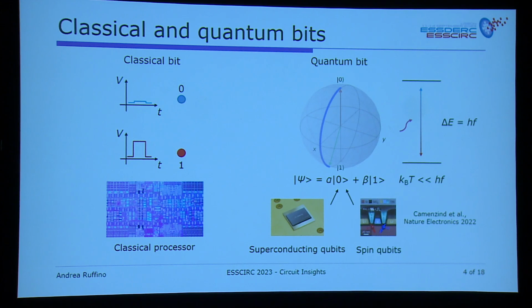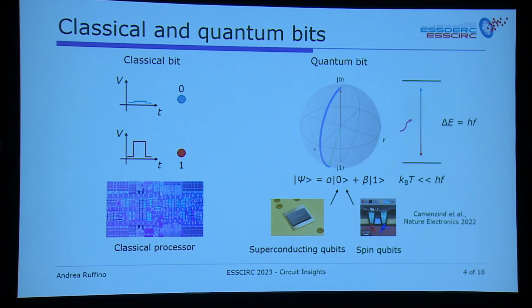And how is this mapped into hardware? In order to do that, you need to have a quantum system where you can identify a subset of two energy levels, a computational subspace, so that you can map a 0 and a 1 state.